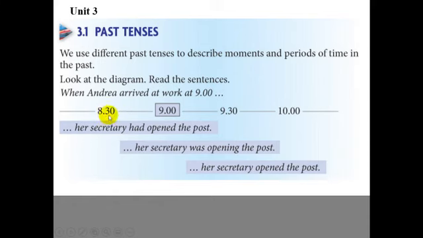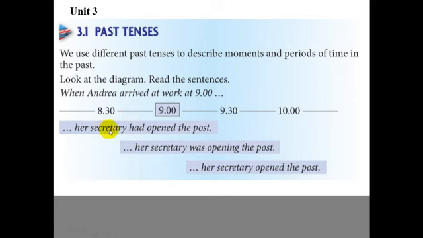So first of all, look at this diagram, which represents a timeline of 4 different time points from 8:30 to 10 o'clock. First, let's imagine that at 10 o'clock you reported what happened when Andelia arrived at work, at 9 o'clock of course.